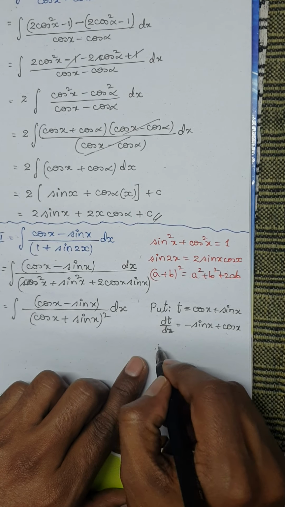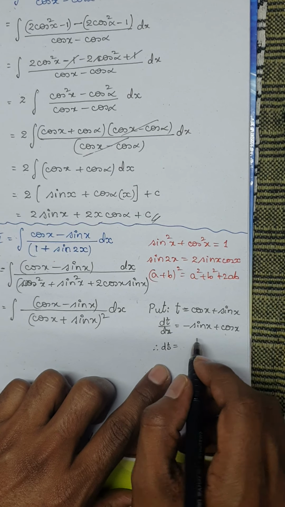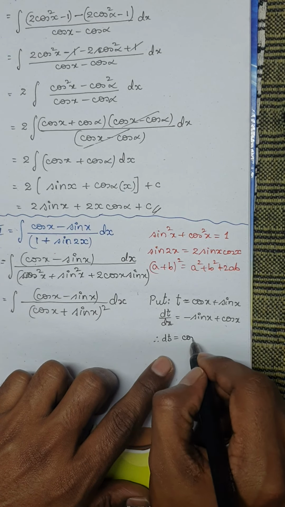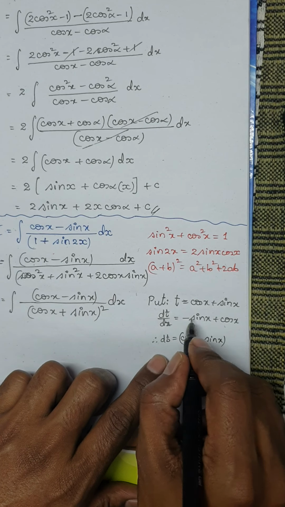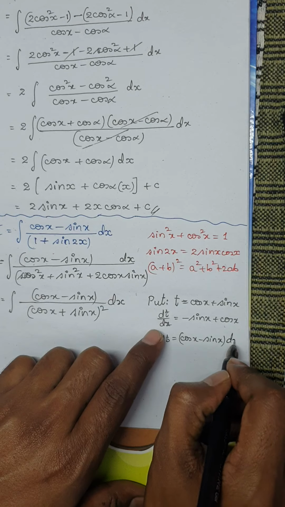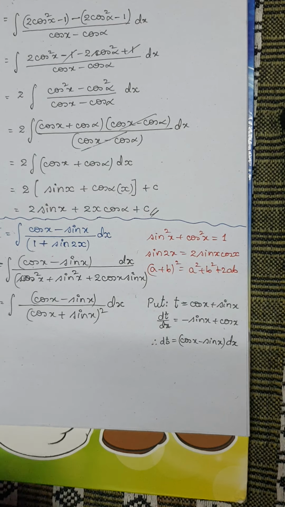Therefore dt would be minus sin x plus cos x, which can be written as cos x minus sin x, multiplied by dx. Okay, this is the substitution process.